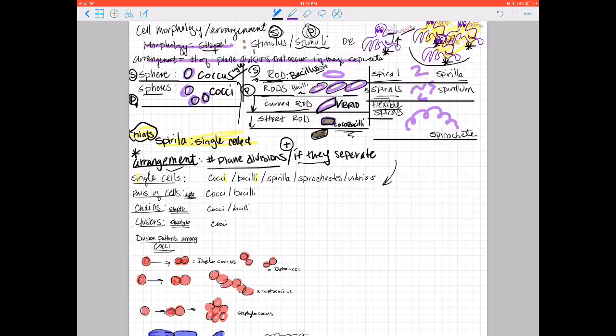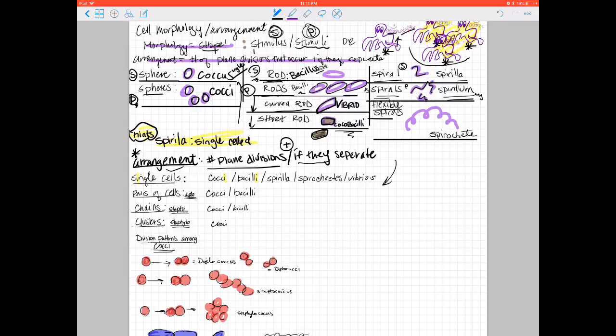So this one spiral, it's called a spirillum. If you have multiple spirals, that's my best attempt at a spiral. Multiple spirals, then you have spirilla. Think of the A, think of many when it comes to this. Spirilla, many, and spirillum, that's just the singular form, all right? So here's my singular form, and this is my plural form.